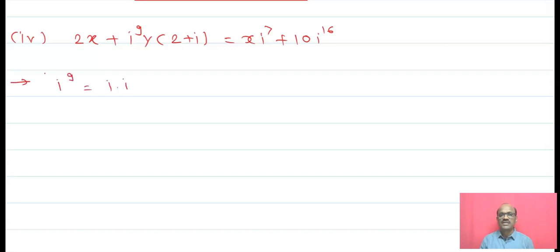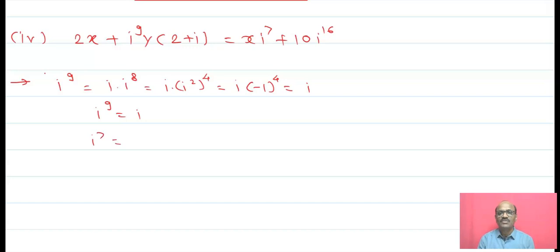Therefore, i raised to 9 means i into i raised to 8. i into i raised to 8 means what? (i square) in bracket raised to 8, so bracket raised to 4 must be there because the total power is 8.